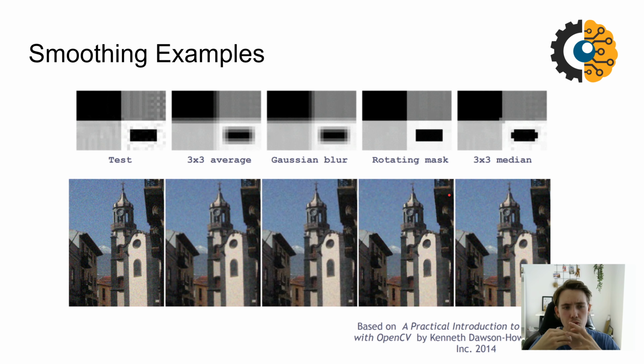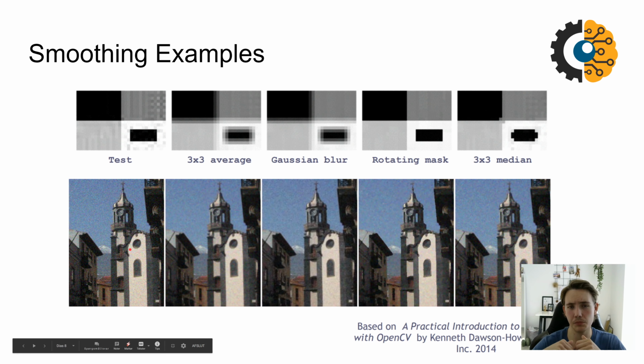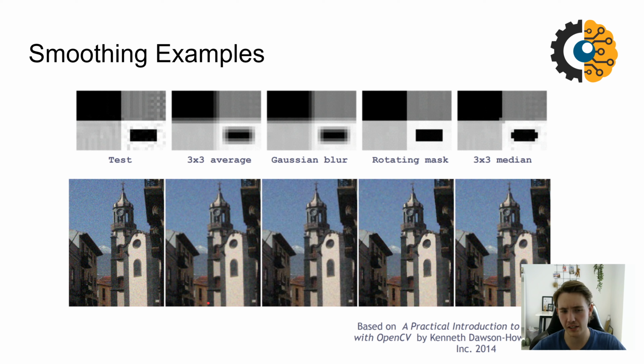We also have some smoothing examples here where they're using some of the filters we have talked about in the previous slides. The first one is just the original picture that we load in, and we can see there's a lot of noise in the sky and also on the buildings, but the edges are still pretty clear. Then we can use what's called a box filter or an average filter, where we're just averaging out all the values in the picture.